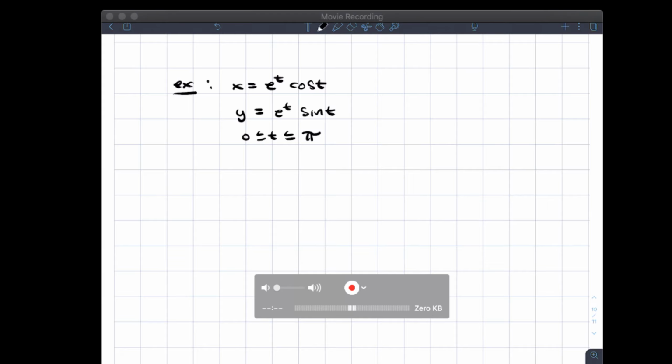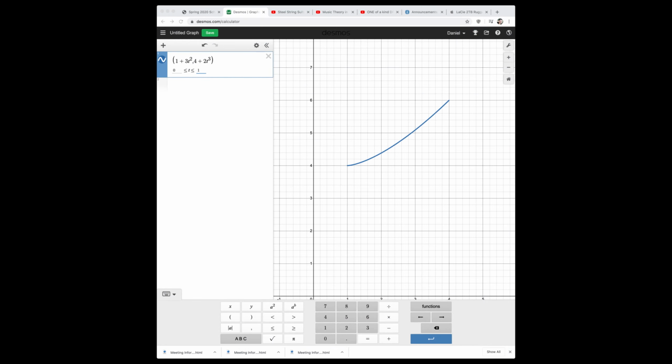If you go back now, let's take a look at the browser just for fun. Meaning, let's try to enter this, see what this looks like. Okay, so I have e raised to the t power, and that was cosine of t.